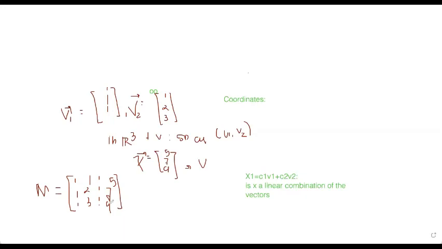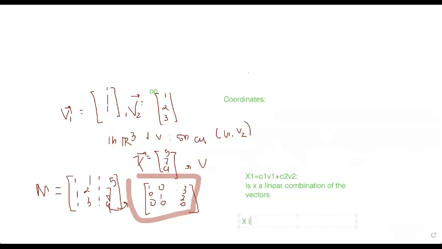And of course, we find the reduced row echelon form of this: [1, 0, 0], [0, 1, 0], and [3, 2, 0]. So you might be asking, well, what does this matrix mean? Well, that means that x is on the plane for these scalars: c1 equals 3, and c2 equals 2.